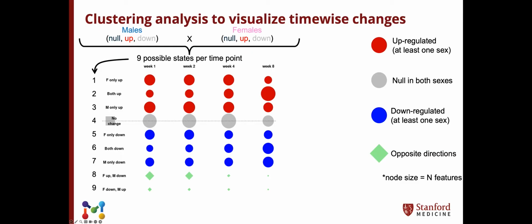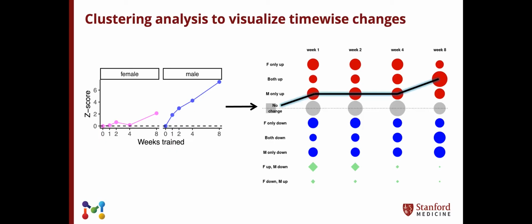If you go to look into the MoTrPAC data, you will see a lot of these types of plots to be able to identify the main time trajectories in the data. As an example, if we're looking at an analyte like this, that is not changing in females up till 4 weeks, and then it increases in females after 8 weeks.